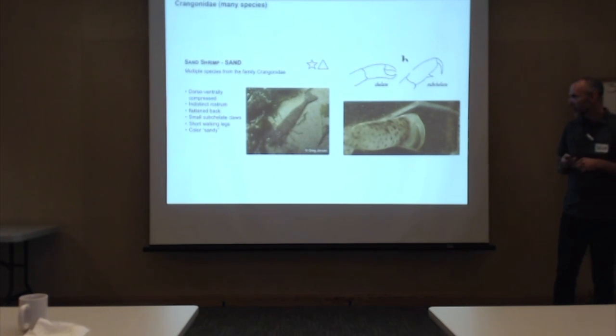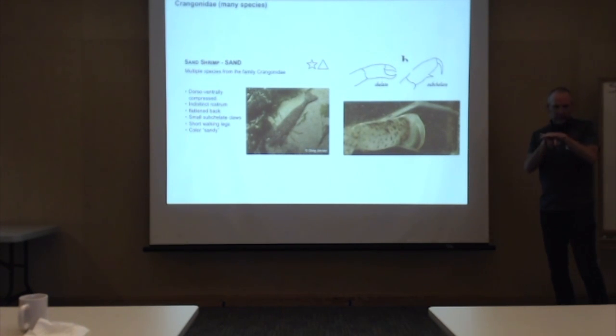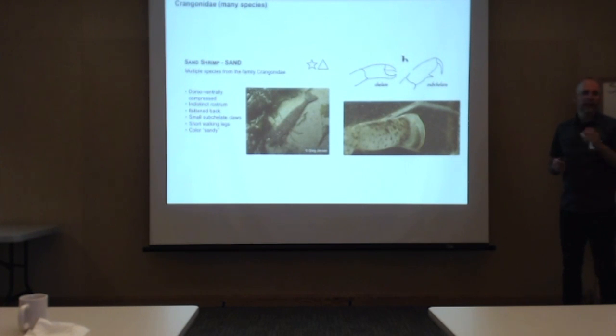They bury themselves up to the level of their eyeballs, and they're lie-in-wait predators that just wait for an opportunity to spring out and grab anything that's going by, and they use their really interesting subchelate claw to snag it. Fortunately, these guys are very small. If they were big, I'd be worried, but the subchelate claw is a really good distinguishing feature on the sand shrimp. They tend to have a body that's also kind of flattened. It's good for hiding in the sand.